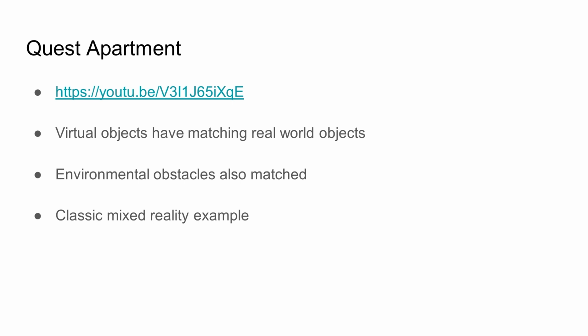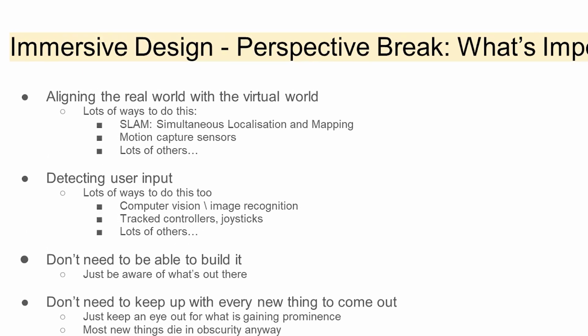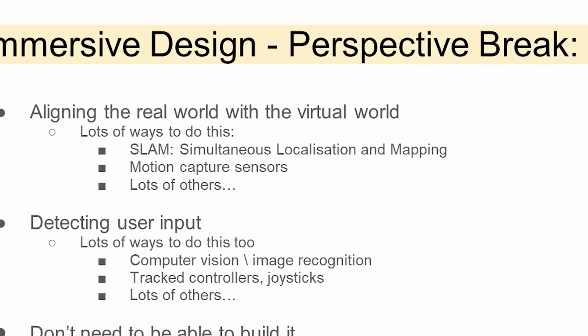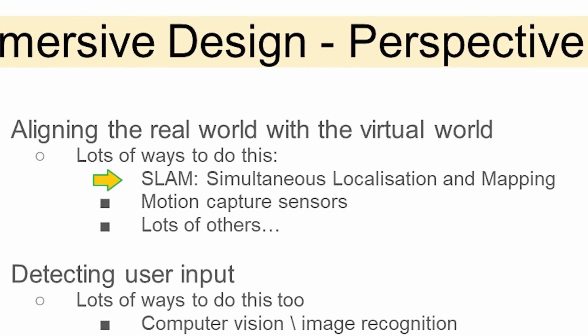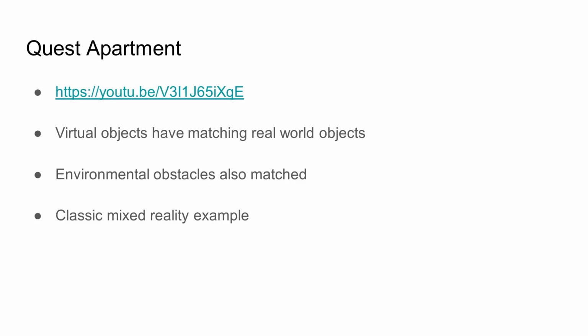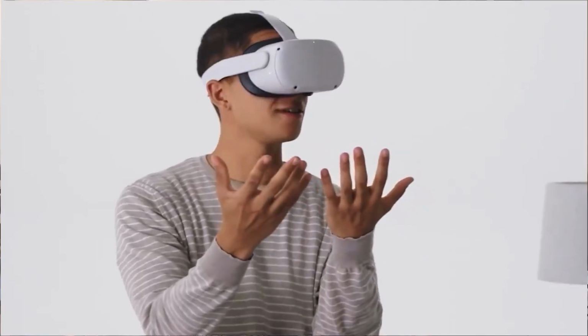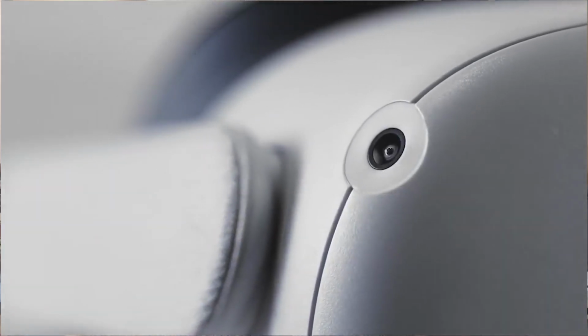We did cover it a little bit in week 1, and one of the interesting things about the Quest solution is that it can use its SLAM cameras, and let's remind ourselves that SLAM stands for simultaneous localization and mapping. This is how the Quest is able to know its physical location within the real world, so it can use that data in a virtual reality environment to track itself nicely.